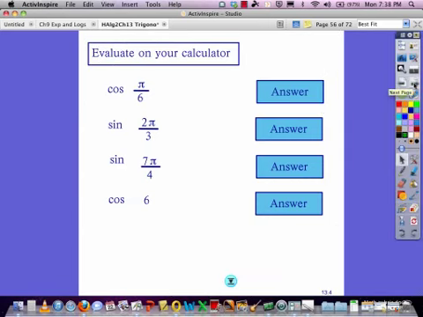Now, these ones say evaluate on your calculator. As soon as it says that, or it says round to the nearest whatever, make sure you have your calculator set at whatever is being entered. So right there, you have to recognize that is my radians.